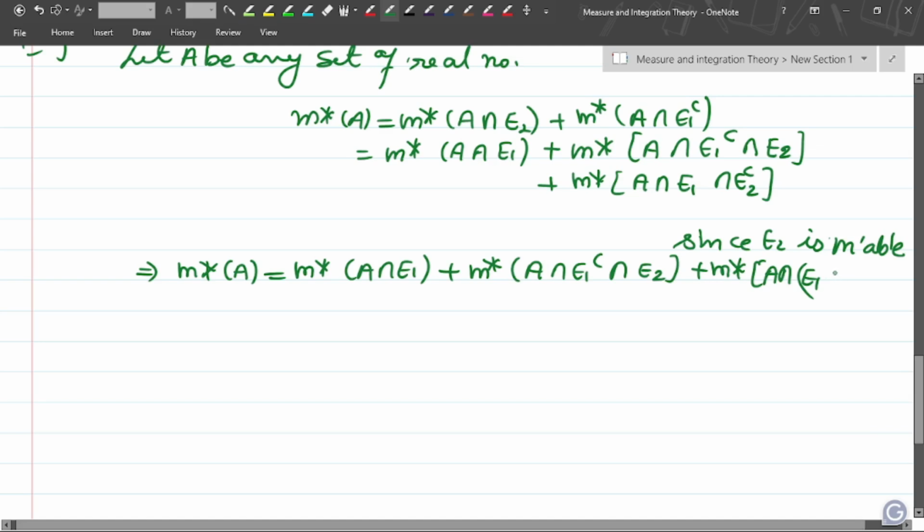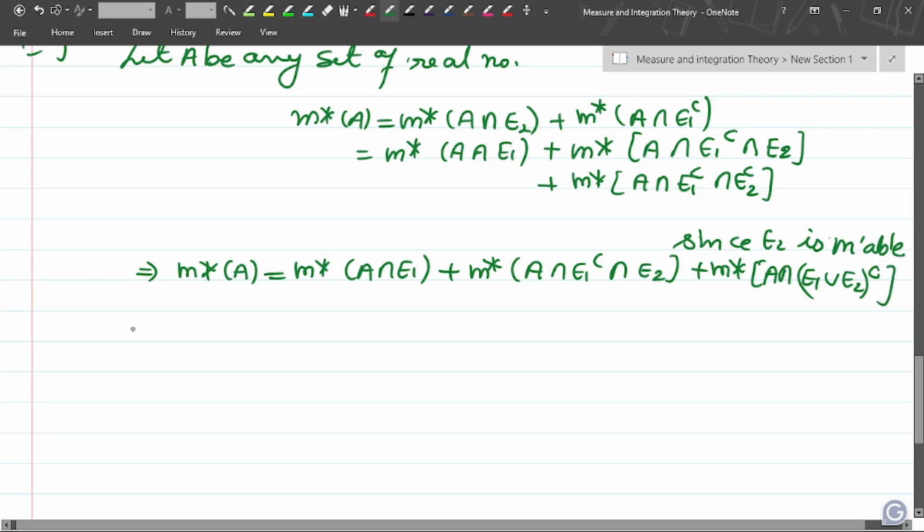We will take these two things together, basically the intersection, and if we take the complement of both, then it will be the complement of the union of E1 and E2.